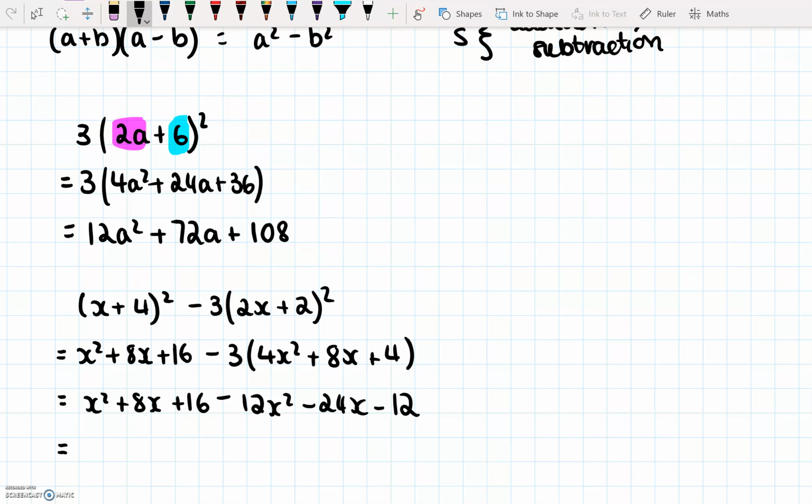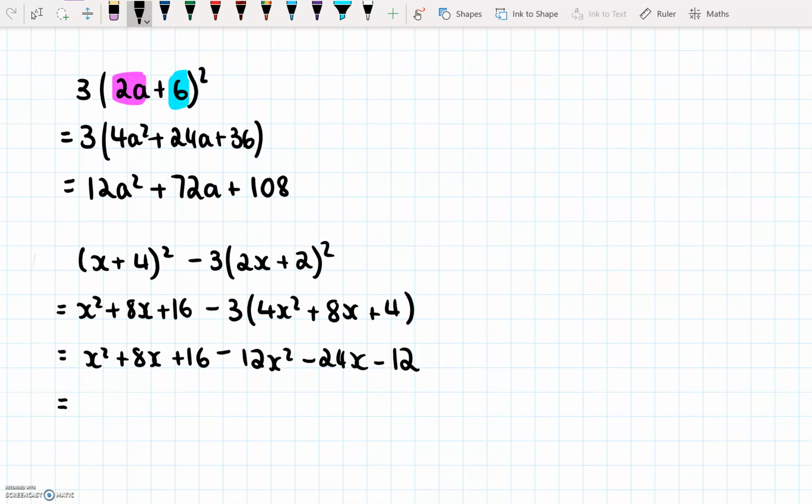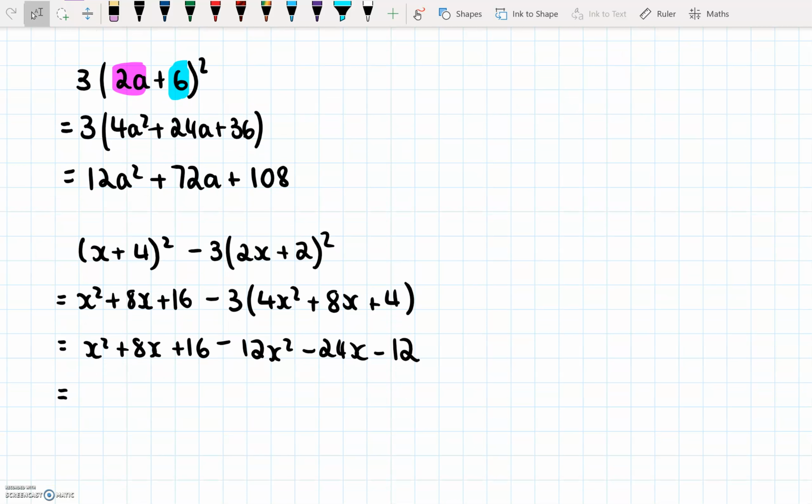Okay, then we can collect our like terms and finish this off. So that becomes x squared minus 12x squared is minus 11x squared. 8x minus 24x gives us minus 16x. And 16 minus 12 gives us plus 4.